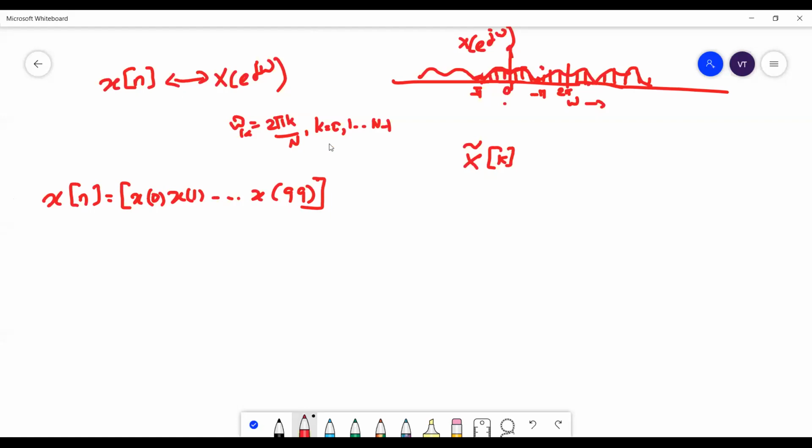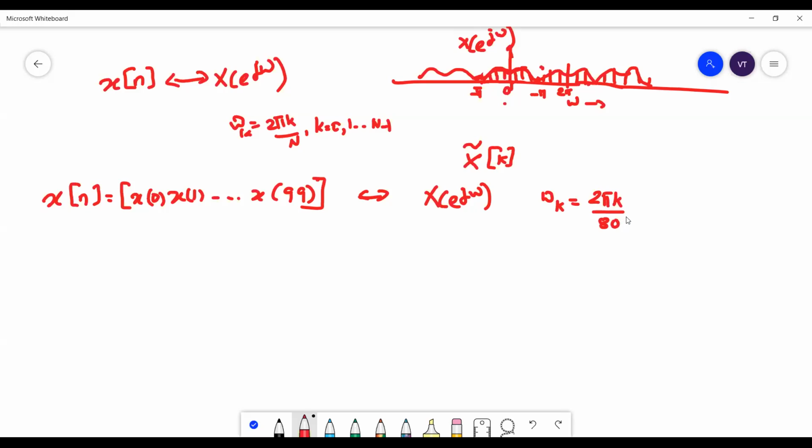Now, I will form a periodic sequence. I can think of a discrete time Fourier transform for the sequence given by X of e power j omega. And X of e power j omega, I am going to sample such that omega k is equal to 2 pi k by, let us say, 80. This is not 100.